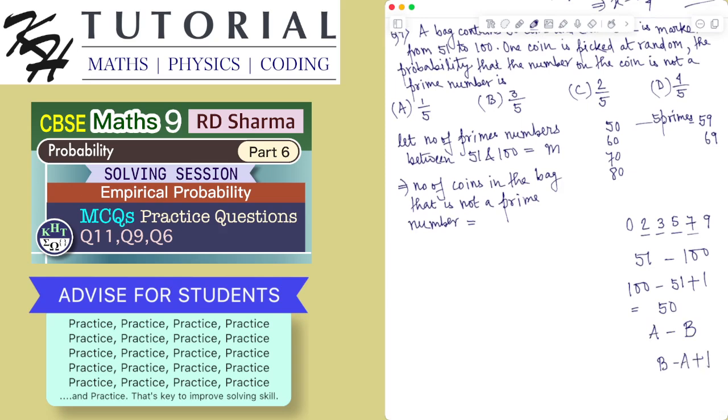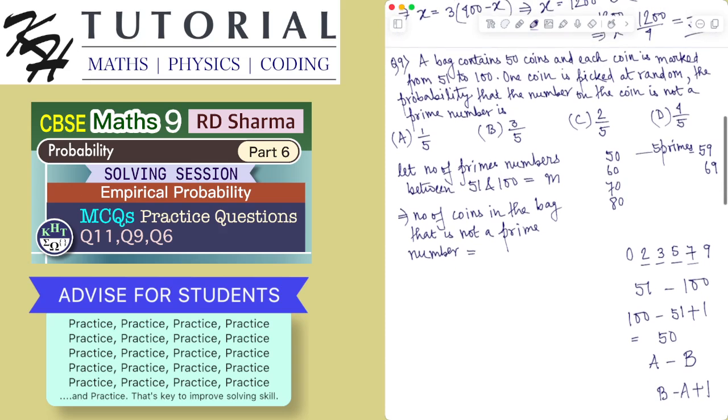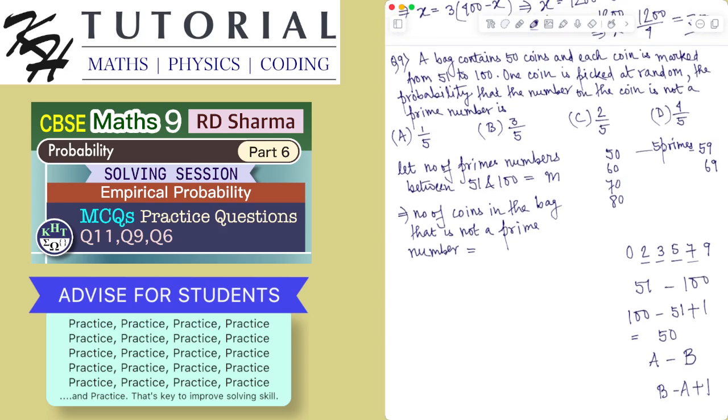So the total number of coins in the bag is 50, since the coins are marked from 51 to 100 sequentially, and we have assumed that from the numbers 51 to 100 let there be m prime numbers. So quite obviously in the bag, how many coins will be which are not prime? It will be 50 minus m.